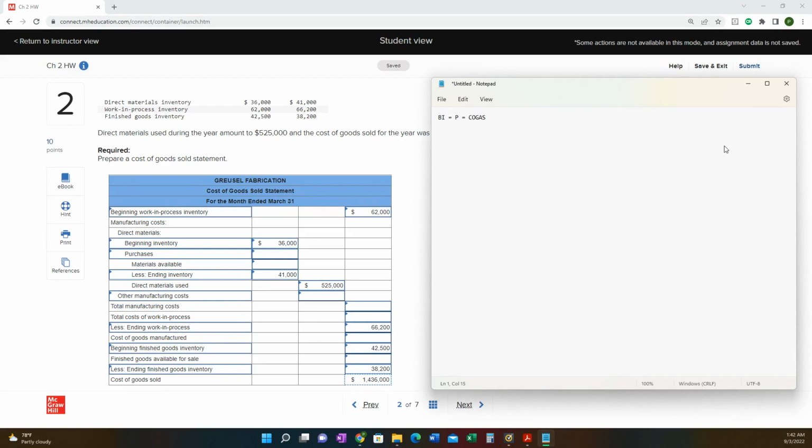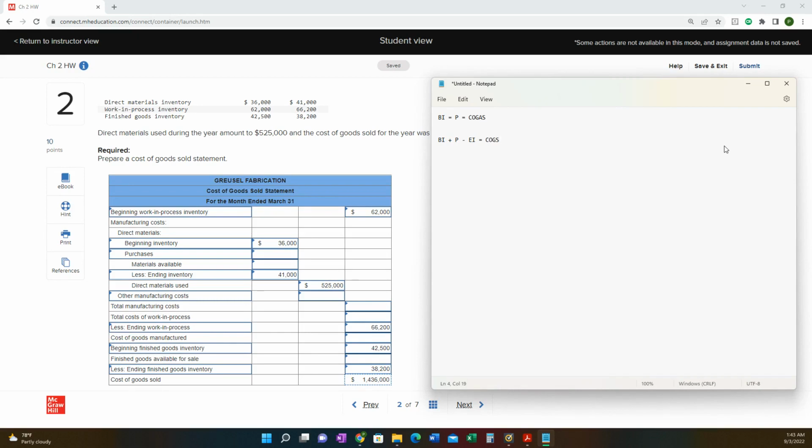And so those 2 amounts combined are the cost of goods that are available for sale in the current year. The other formula is beginning inventory plus purchases minus ending inventory equals cost of goods sold. We're going to use this formula or a variation of it.